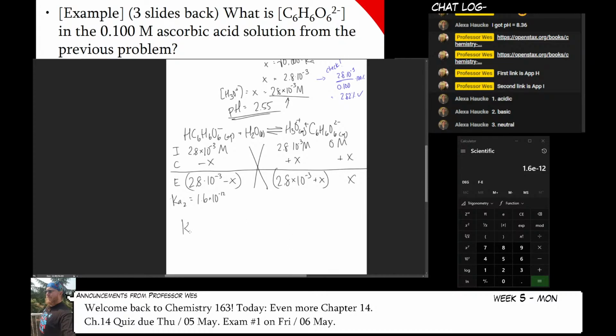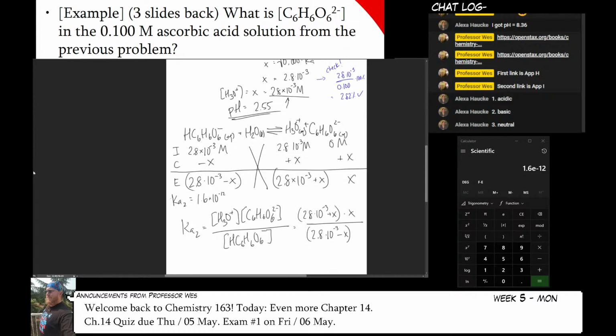So, I know that Ka2 will be my products, which are H3O+, the sorbate, and the protonated version, which would be 2.8 times 10 to the minus 3 plus X times X, divided by 2.8 times 10 to the minus 3 minus X.